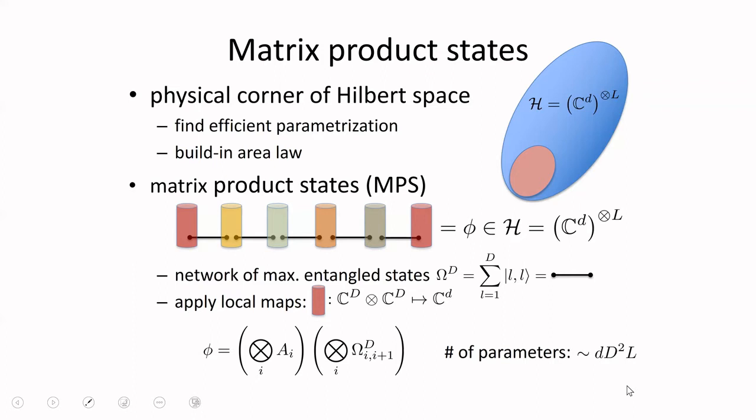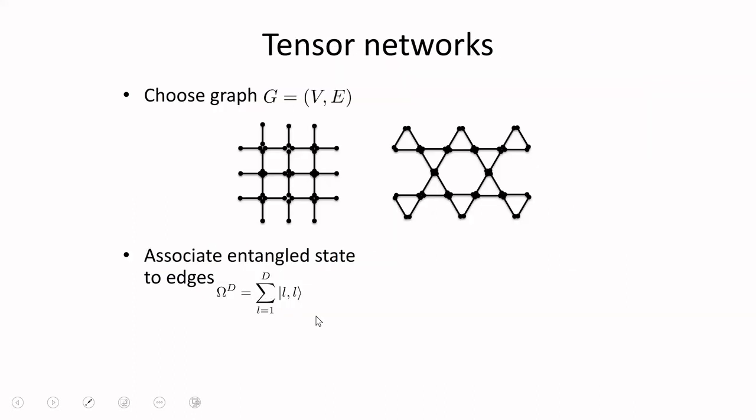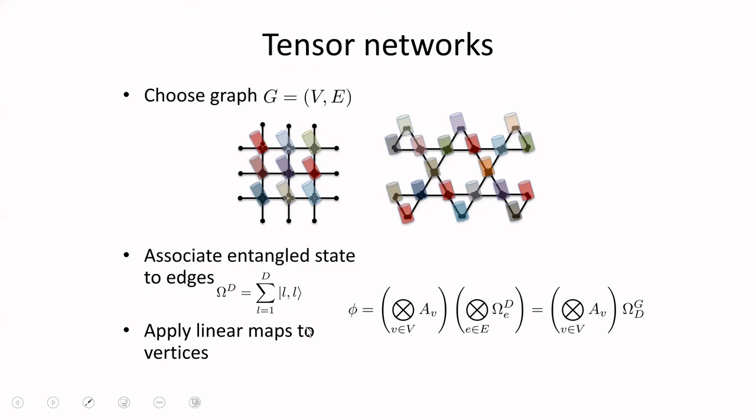And this procedure can now easily be generalized to higher dimensions and more complicated situations. So given any graph, we associate to each edge in this graph a maximally entangled state, similar to before in the one-dimensional setup. And then in the next step, we apply again local linear maps to the joint local space of all the incident maximally entangled states that we have at one lattice site, or at one vertex of the graph.